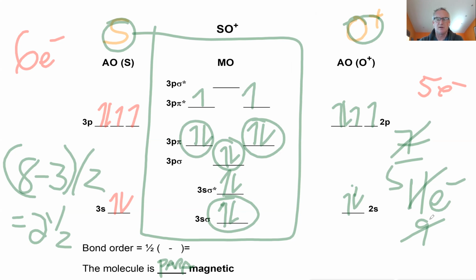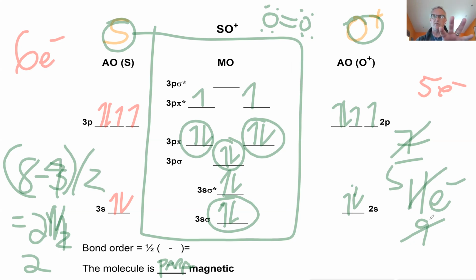Well, if we go back to your equation, you would now be replacing the 8 minus 3 with 8 minus 4. So instead of a bond order of 2.5, it's actually a bond order of 2. And we know that's true with oxygen because oxygen has a double bond. So that is indeed true.